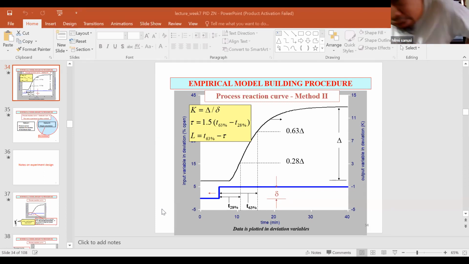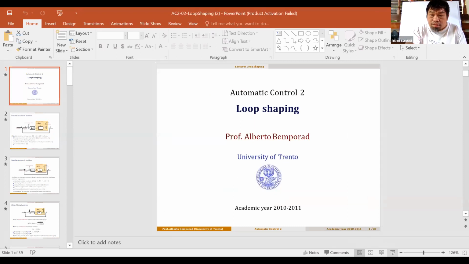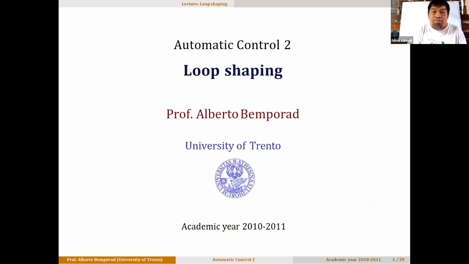Okay. I found a very good note by Alberto Bemporad from the University of Trento, Italy, on loop shaping. So this is a very nice note. I'm very interested to use this note for the class.